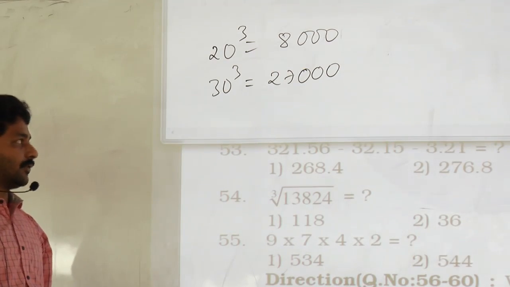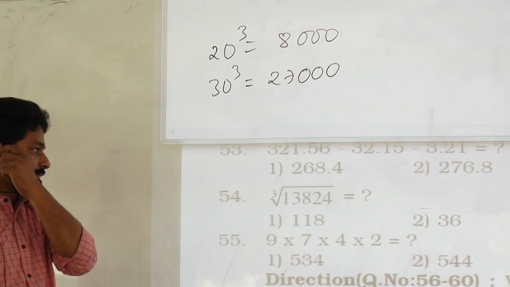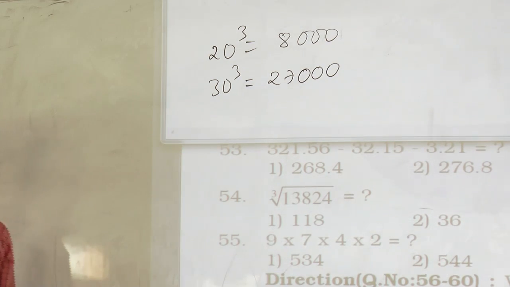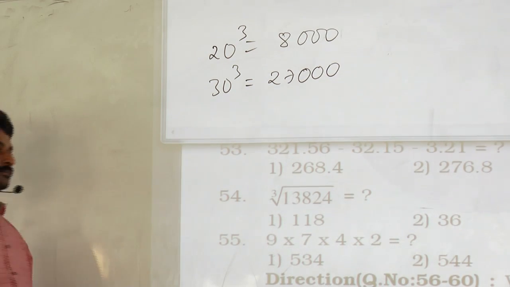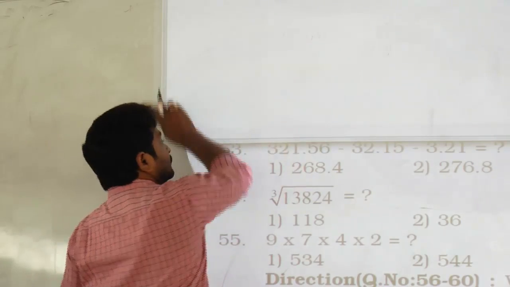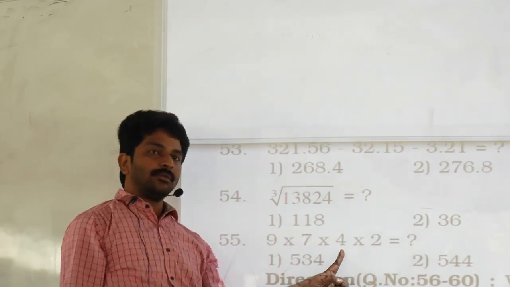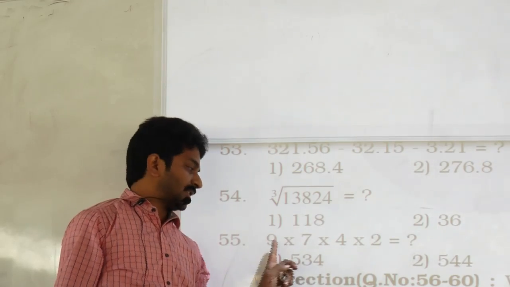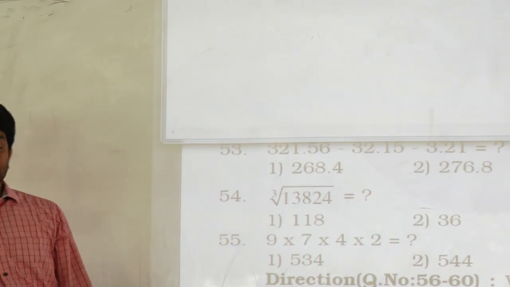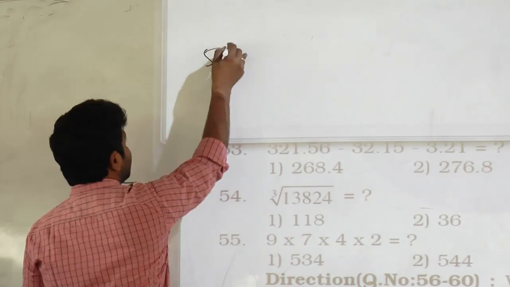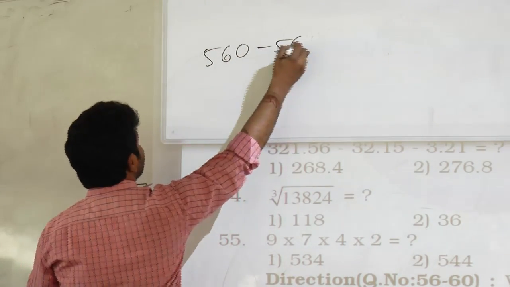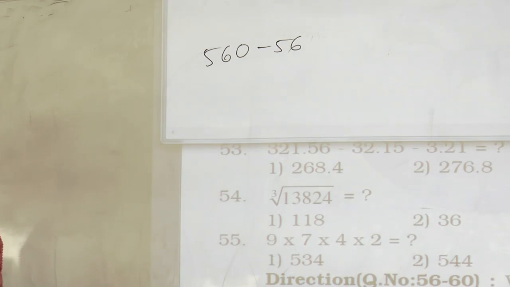Only one option, 24. 7 into 8, 56 into 9. 56 9 times. 56 10 times minus 56. 504.